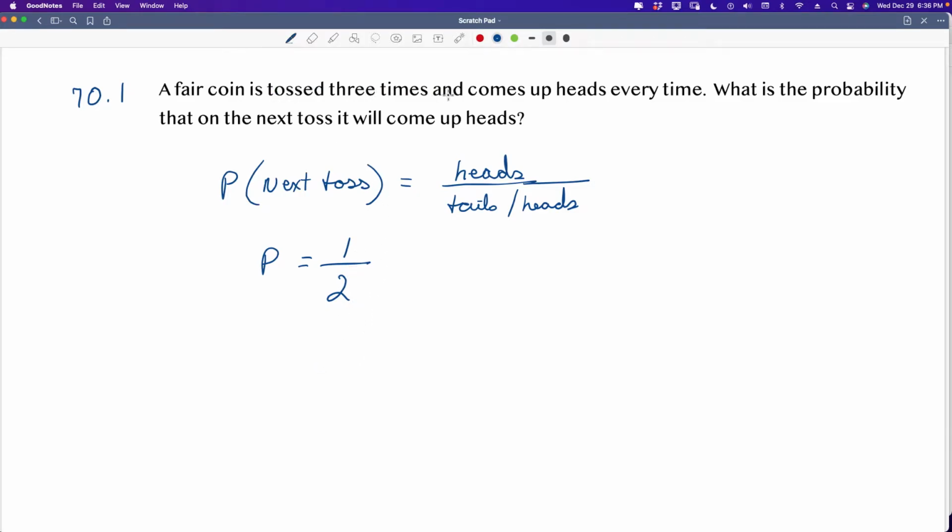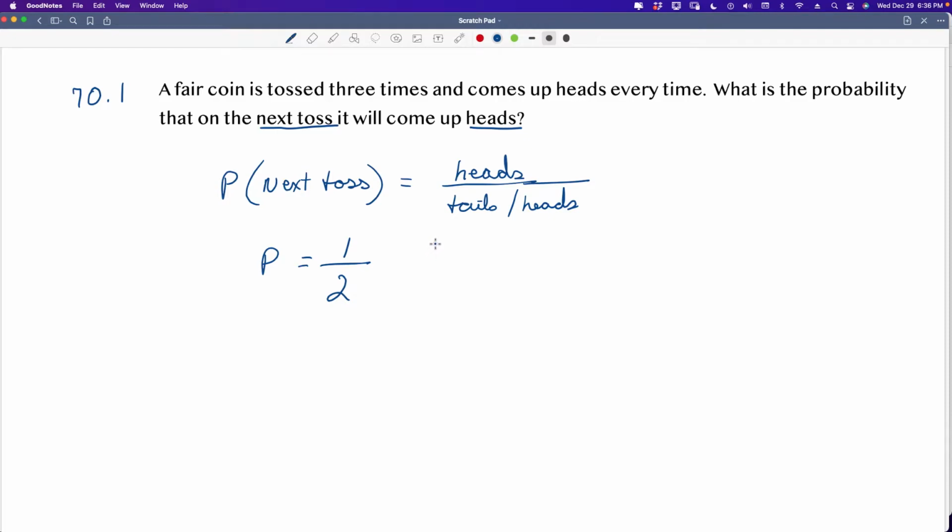It does not matter what happened before. A fair coin is tossed 3 times and comes up heads every time. That is totally ancient history. It doesn't matter what it came up in the past. The experiment is the next toss, that it will come up heads.